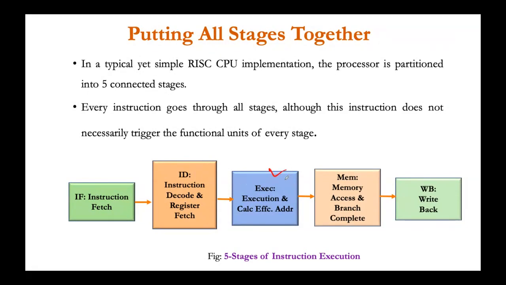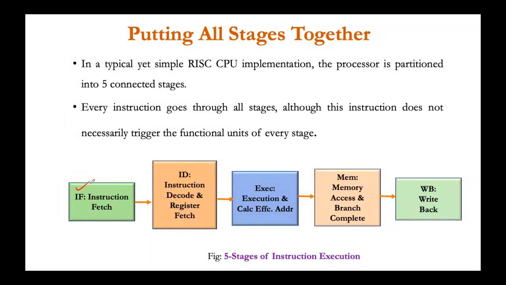Then the execution: if it is an ALU operation, it is directly executed on the accumulator, or if it is a branch or memory operation, then it calculates the effective addresses. Once it is executed, memory access and branch completion will happen. And finally, once memory is accessed, the result goes back and is written by following the write back.